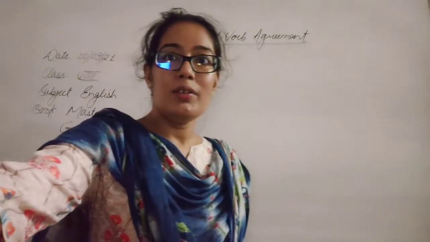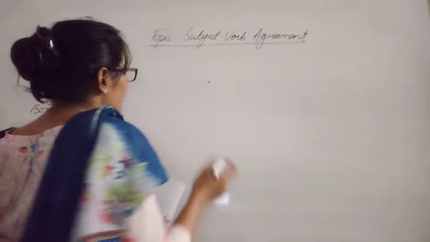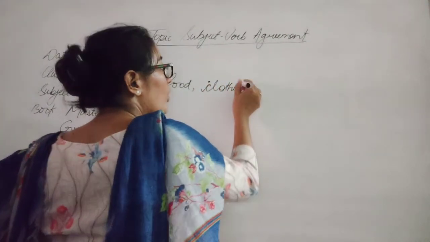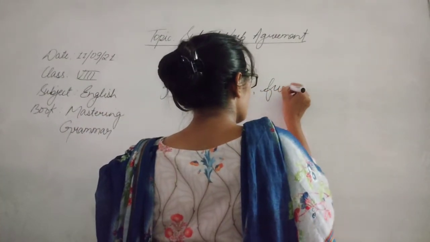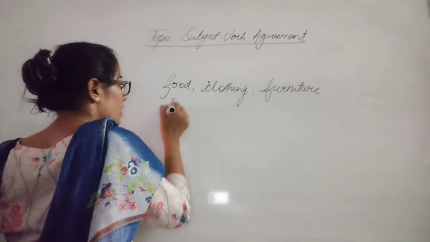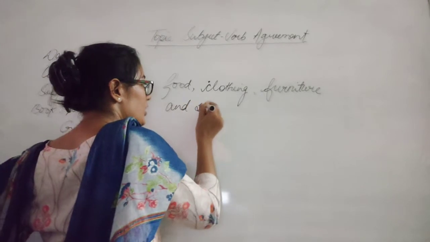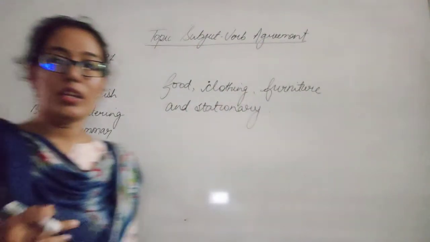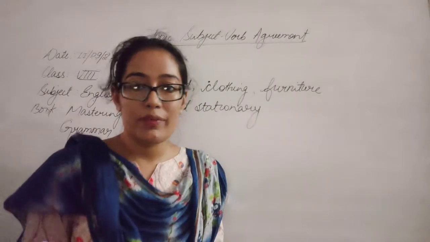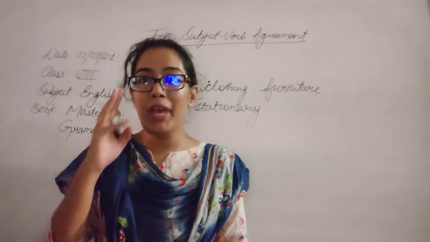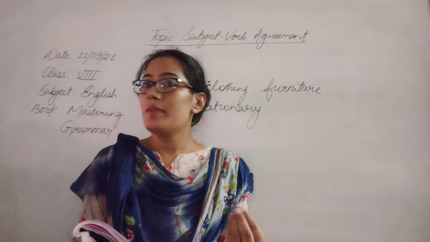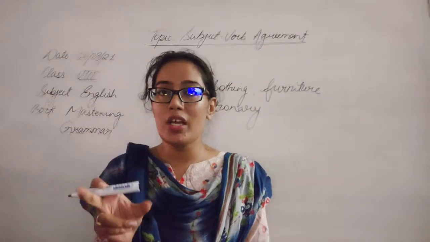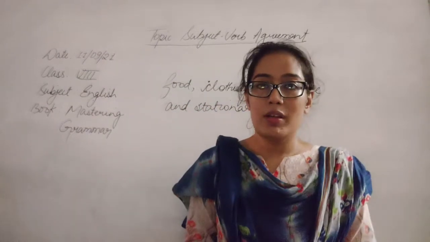So I was saying that when we are talking about food, clothing, furniture or stationery, we refer to them in singular verb. We take them as singular and their verb is also singular. For example, the furniture is polished. So in this, the furniture is singular and is is a singular verb.